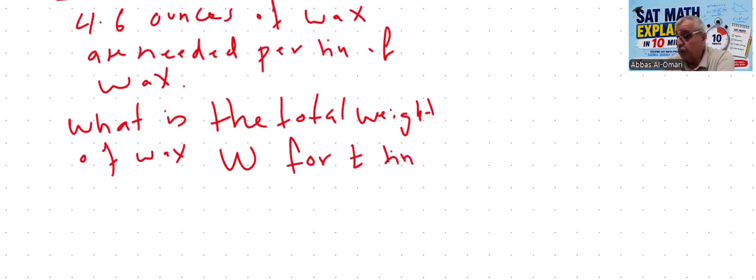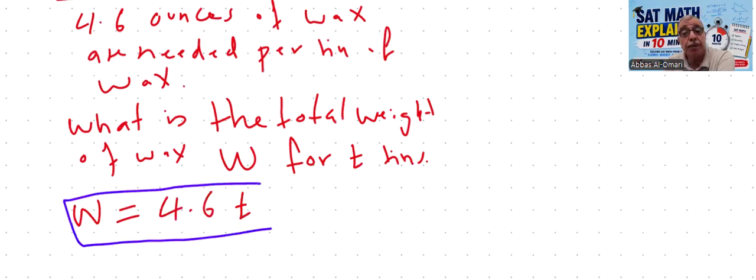Now, if 1 tin is 4.6, so W, total weight, equals 4.6 by T, where T is the number of tins. That's simple. We simply multiplied the wax needed per tin by the number of tins.